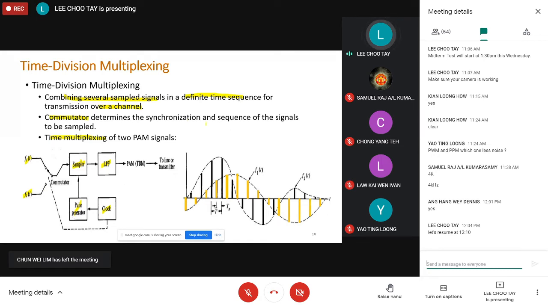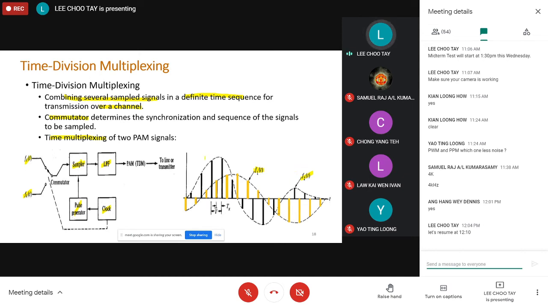If you look at the graph on the right-hand side, we have two sets of PAM. The yellow color is the PAM signal for message number 1, and the black color is the PAM signal for message number 2.